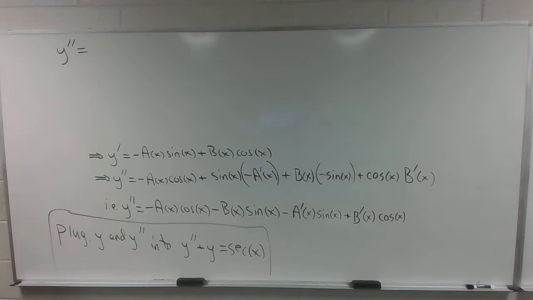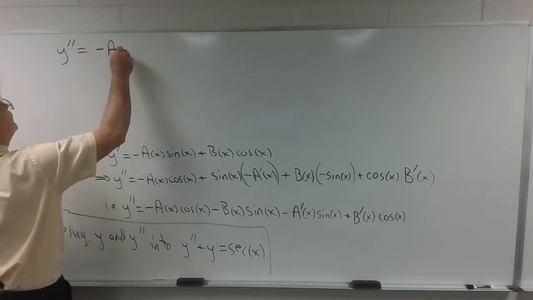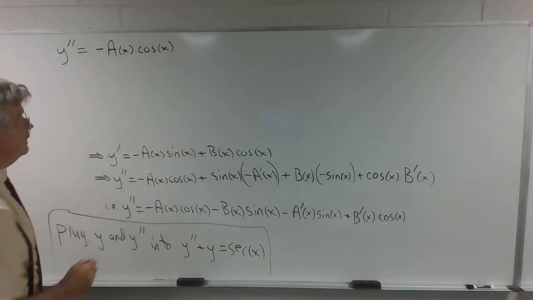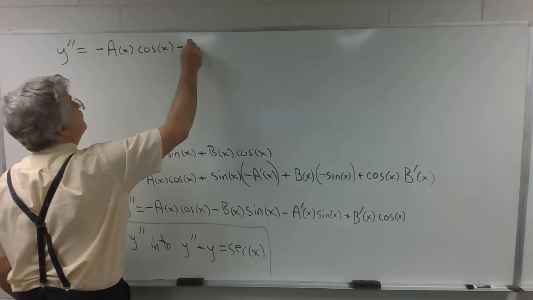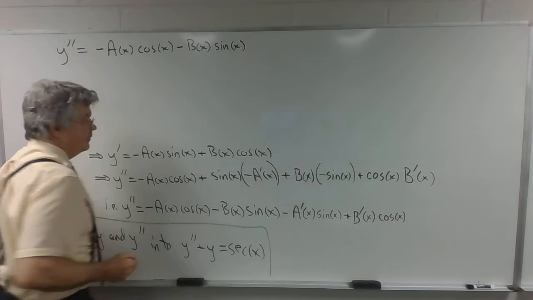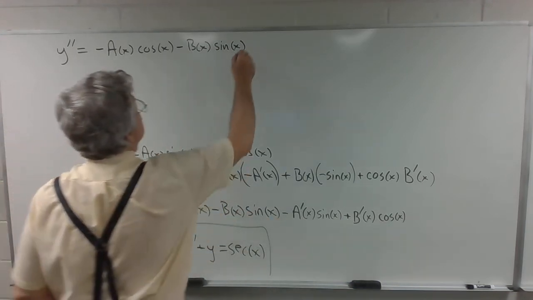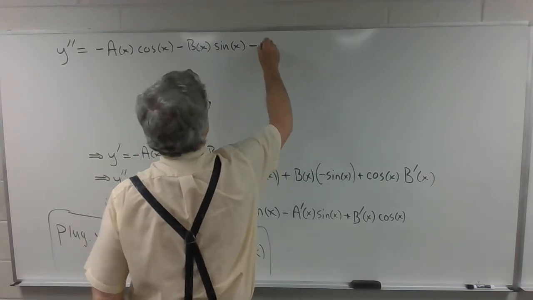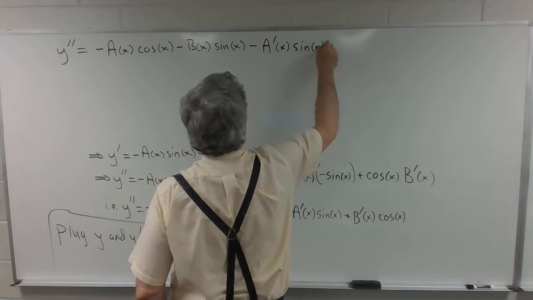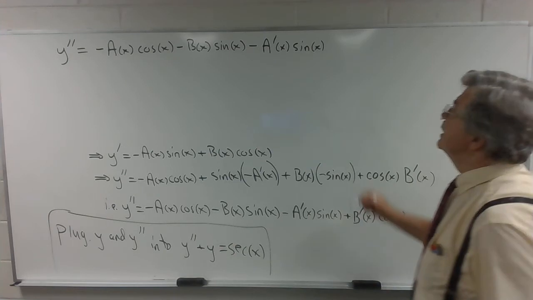Okay, y double prime: negative a of x cosine of x, minus b of x sine of x, minus a prime sine of x, plus b prime cosine of x.